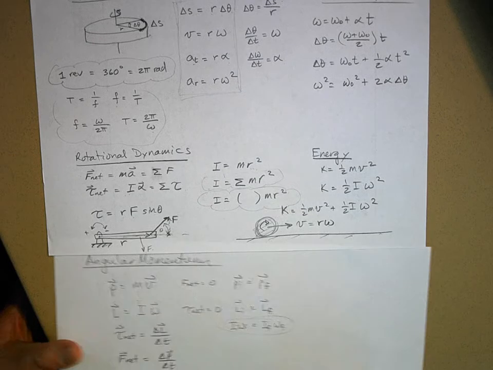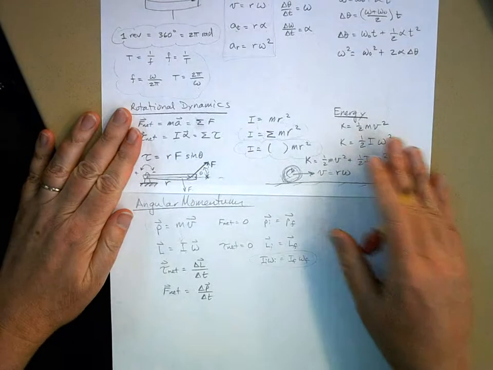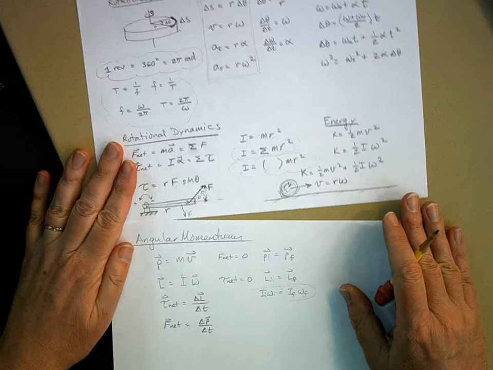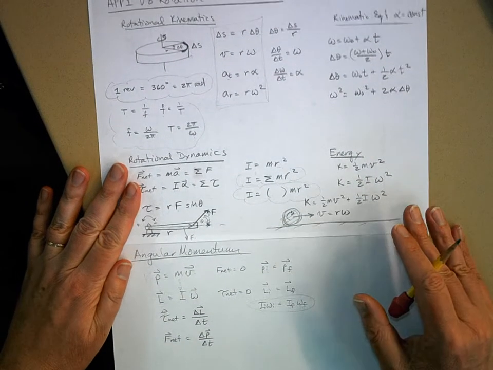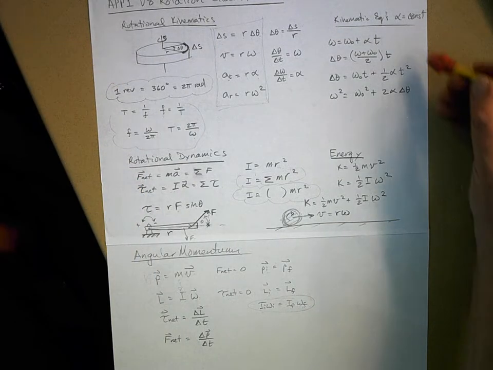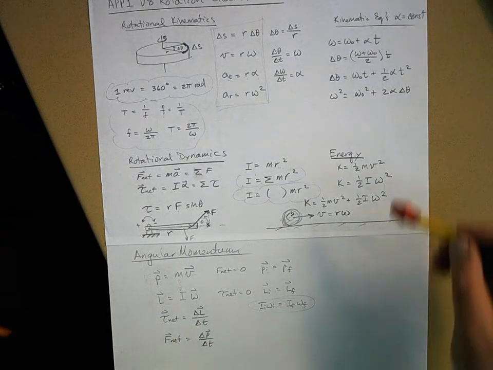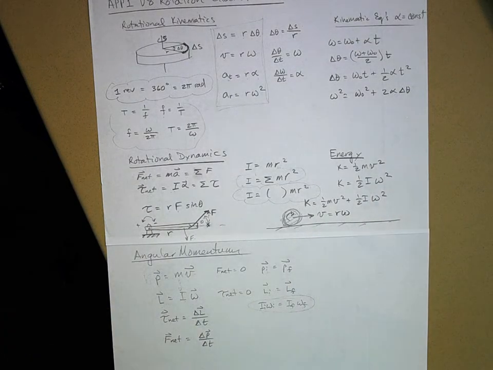So one thing you can see by looking at all of this is that everything we've done in this unit, the description of motion, constant acceleration, dynamics, energy, and momentum, is just a repeat of everything we did before, but now for objects that rotate instead of objects that translate.